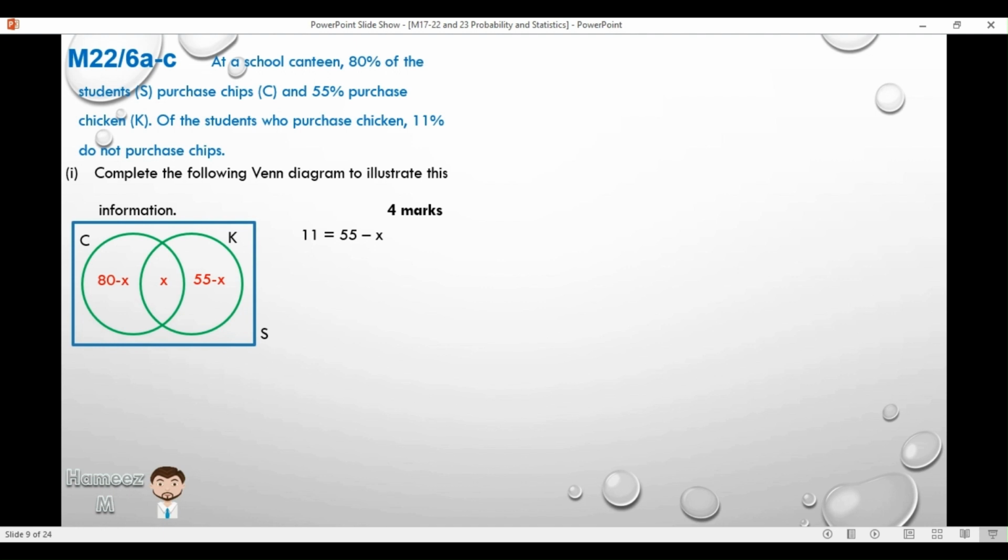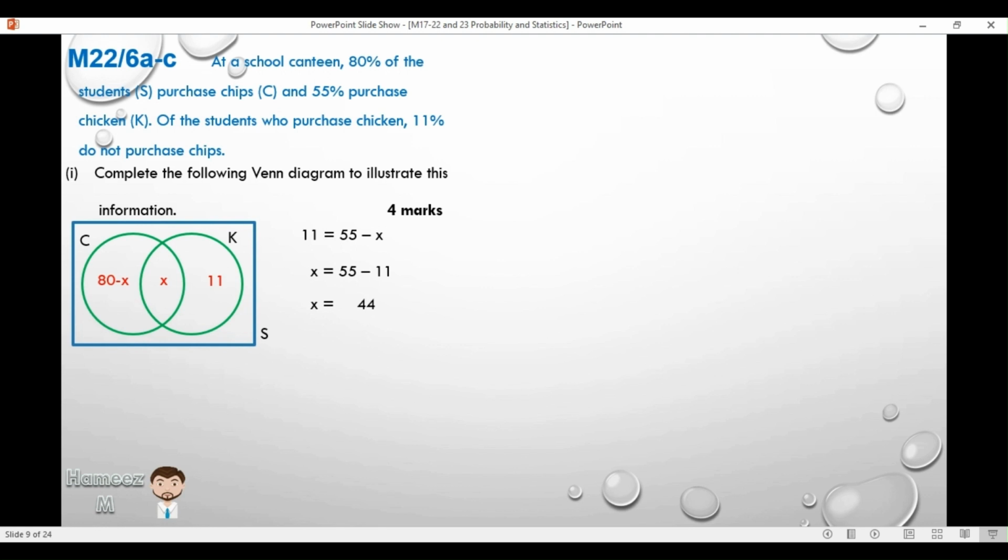So the right-hand side, 55 minus X, can be represented as 11. And if that's the case, we can now solve for X. If 11 is equal to 55 minus X, that means X is equal to 55 minus 11. So X is equal to 44.